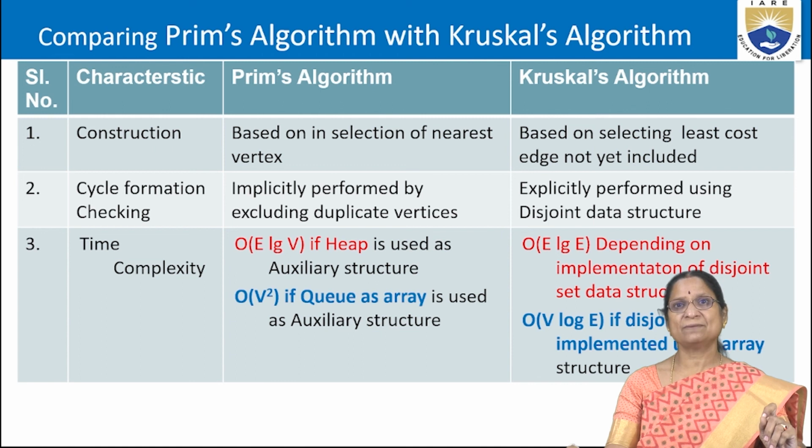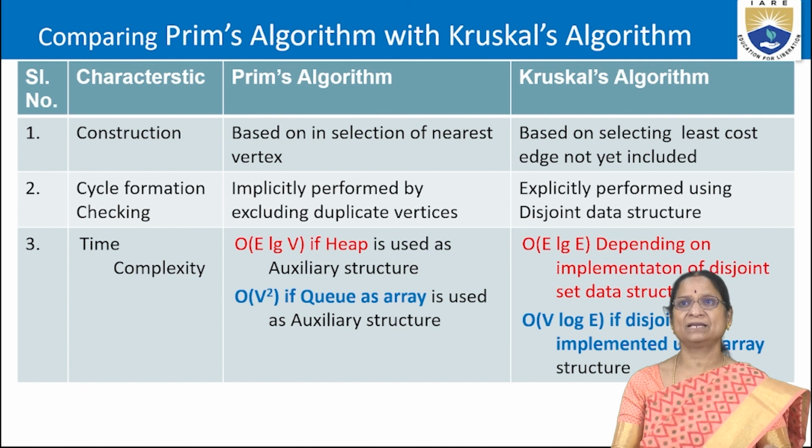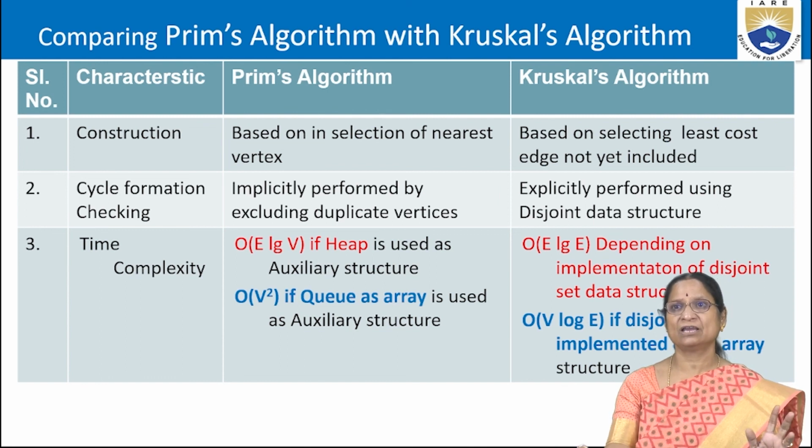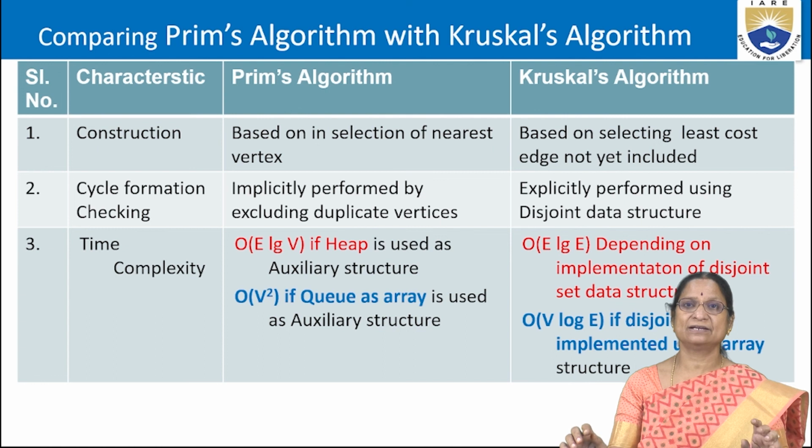And the last one, time complexities. In general, we can say both have E log V, or if it is a completely connected graph, you can use E log E or E log V. In Prim's algorithm, it is E log V if a heap is used.